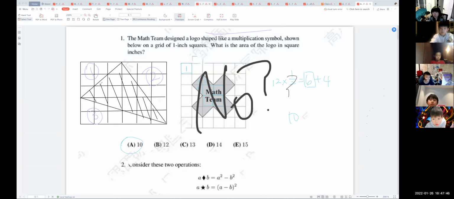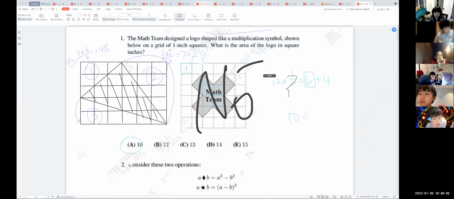We don't have to always say base times height divided by 2. So this one equals what? 3 times 3 divided by 2 equals 4.5. Let's take a look at number 2: 3 times 5 divided by 2 equals 7.5.